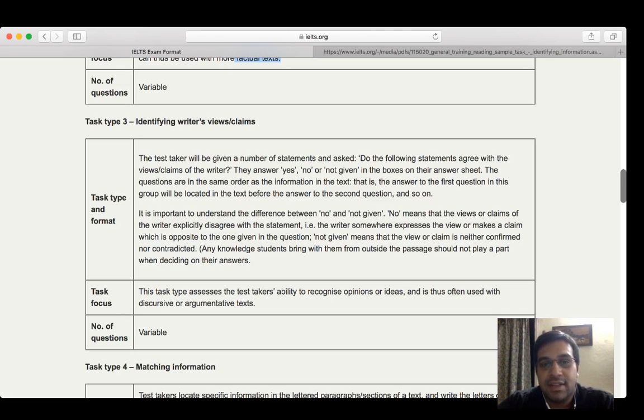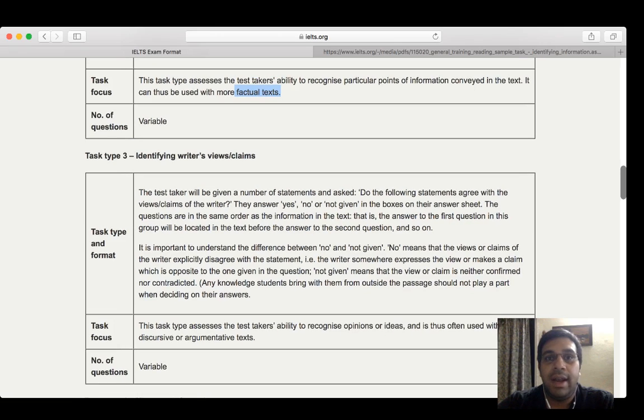In that case, the author would discuss some things, or put forth an argument which he might agree or disagree with, so you have to answer yes or no to that question. But obviously, the question always states whether you have to answer yes, no, not given, or true, false, not given.